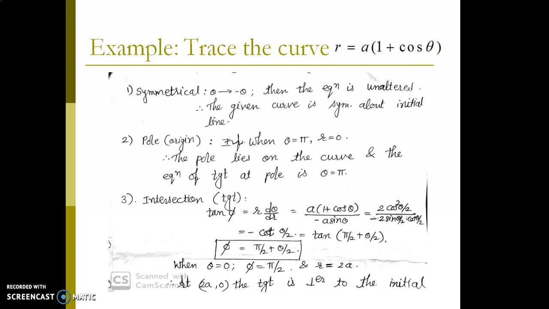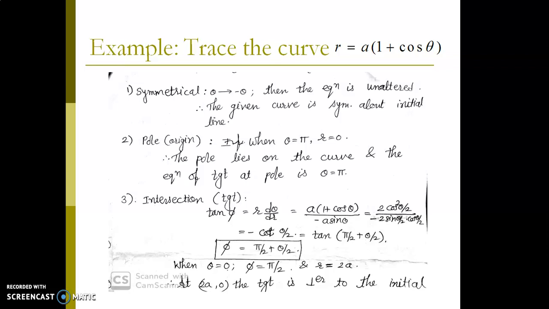Here theta is replaced by minus theta, and we get the same equation. Therefore the curve is symmetrical about the initial line. Second point, pole. When theta equals pi, the value of r equals 0. Therefore the pole lies on the curve and the equation of the tangent at the pole is theta equal to pi.